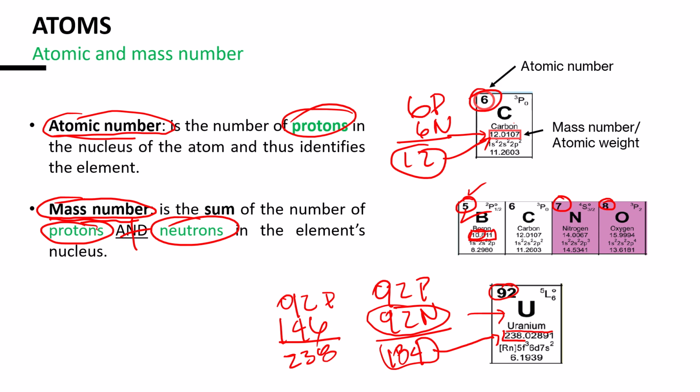So this uranium has 146 neutrons. And the regular uranium should be the one that has the equal amount, but because this uranium has more, it's what we call an isotope.